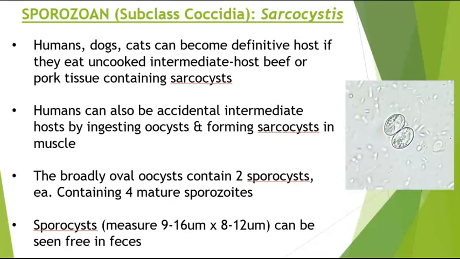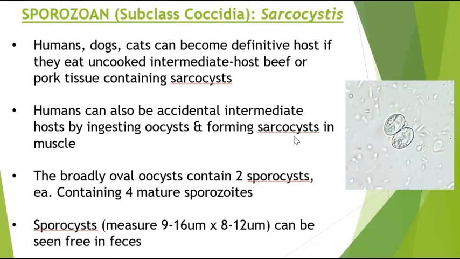Humans can be accidental intermediate hosts by ingesting the oocyst, and the parasite can go on to form sarcocysts in the muscle tissue. The oval oocyst of the parasite contains 2 sporocysts. So these sporocysts are basically the same thing as the sarcocyst. The sarcocyst is just more of a specific term for Sarcocystis.